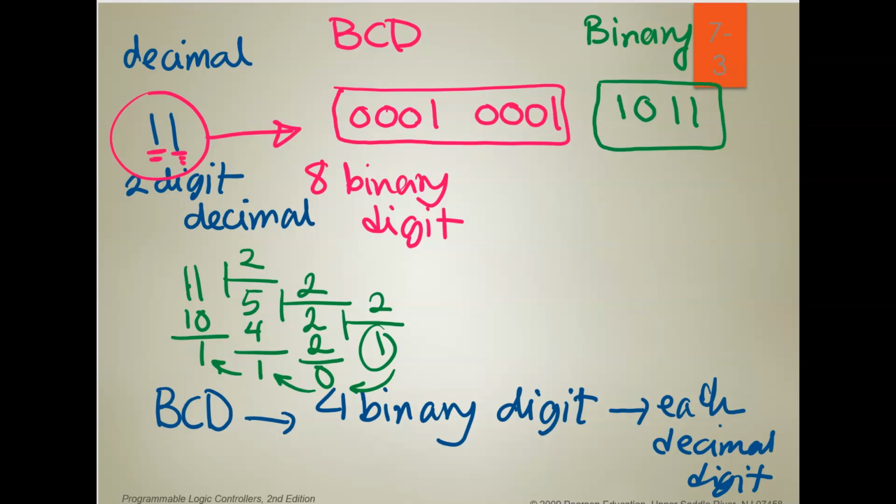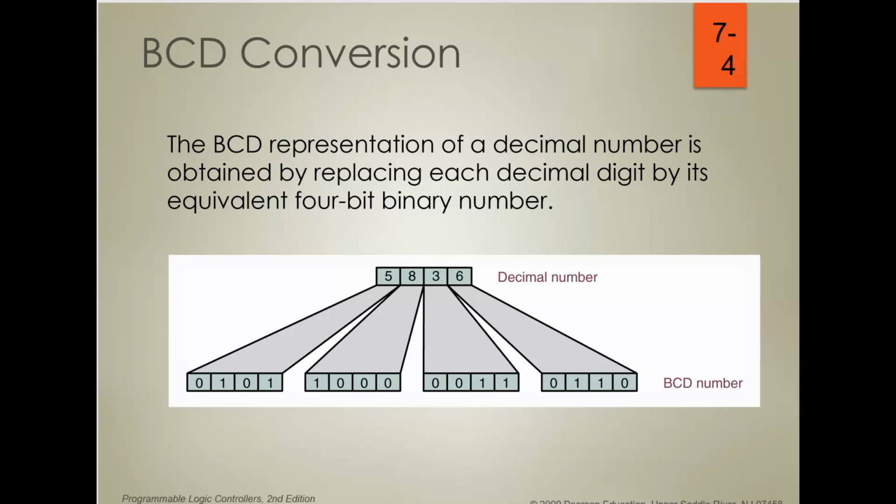However, the binary conversion to decimal is not that easy, especially if your number is a big number, because then you have to do a lot of multiple division to get the equivalent number. And here you can see another example that you can convert this decimal number into its binary coded equivalent number by focusing on each single decimal digit and finding its equivalent binary value, and then putting these 4 bits beside each other, and that's going to be your binary coded decimal number.